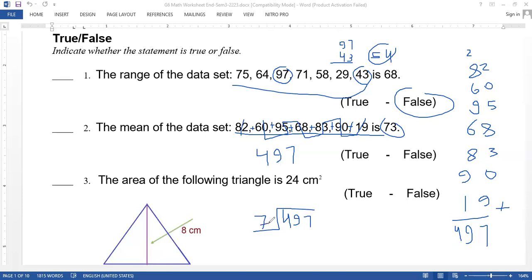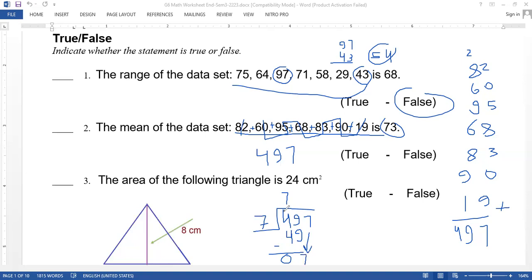Many students have a problem in long division. Just I divide 49 by 7, it is 7. 7 multiply 7, 49. So what are the steps? Divide, then multiply, then subtract, then bring down the next number.